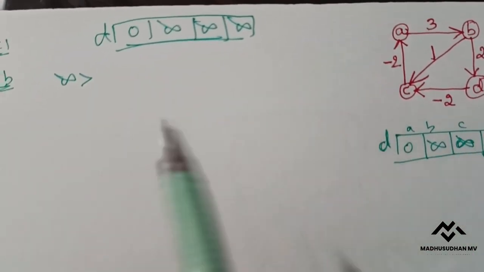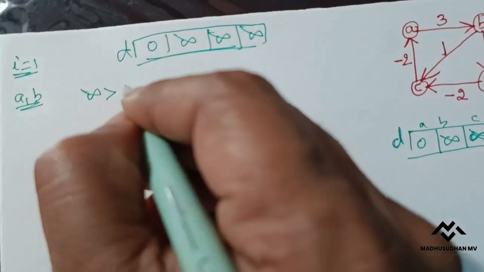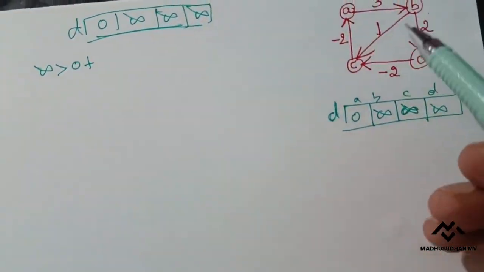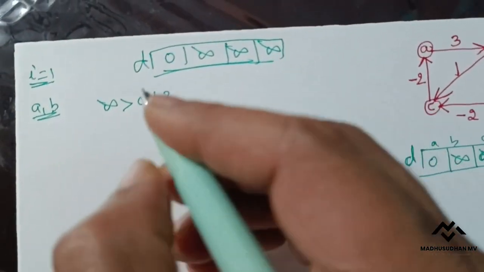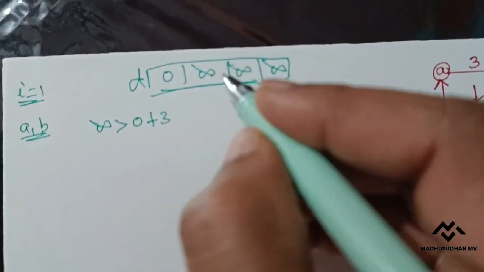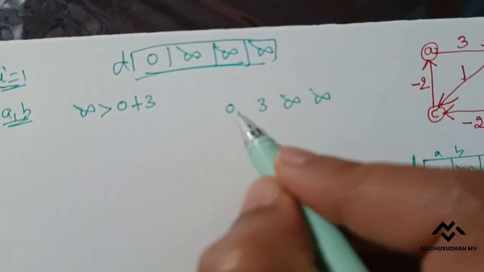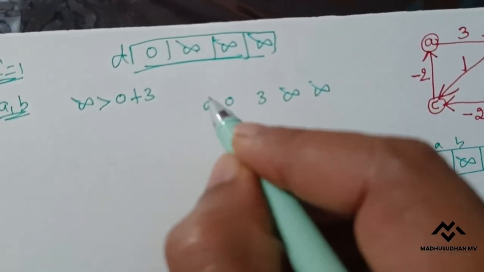Infinity greater than distance of A, which is 0, plus cost of A to B, which is 3. Infinity greater than 3, true. 3 is lesser, so I am updating distance of B: 0, 3, infinity, infinity. This is my distance.